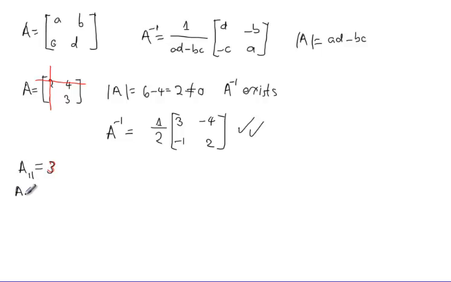Then go to A12. What am I going to do now? I want to pick this line. Let me pick it. Yeah, I picked the line. Okay, I do that. Now I'm dropping this row and this column.